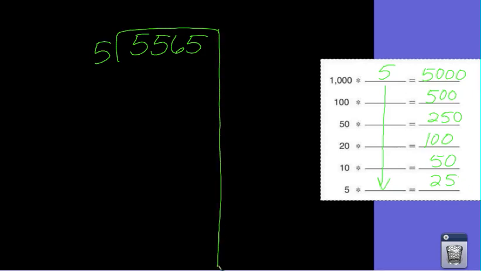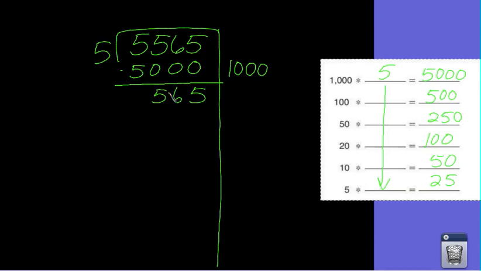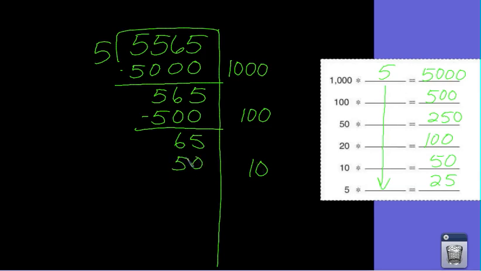On this one, we finally have a winner. We can use 1,000. So 1,000 times 5 is 5,000. And then we can use 100. 100 times 5 is 500. We could use 10. 10 times 5 is 50.